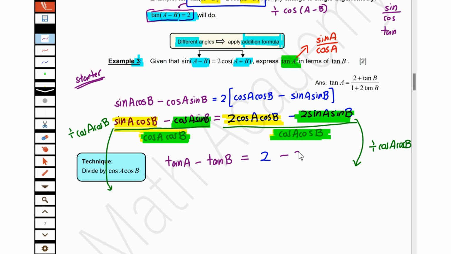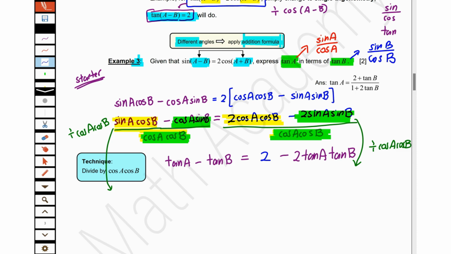Sine A over cosine A is tangent A. Sine B over cosine B is tangent B. Your job is to be able to obtain tangent A and tangent B. Of course, tangent B is the same thing, basically sine B over cos B.